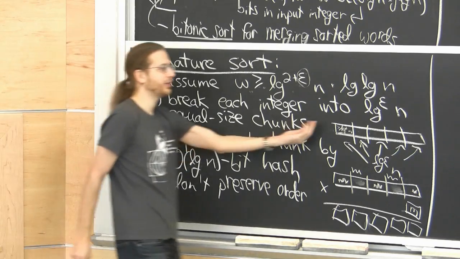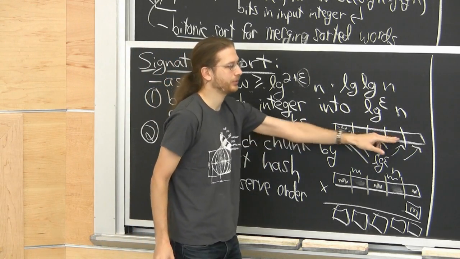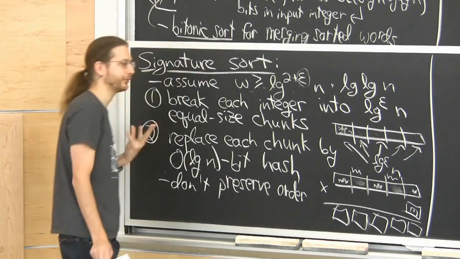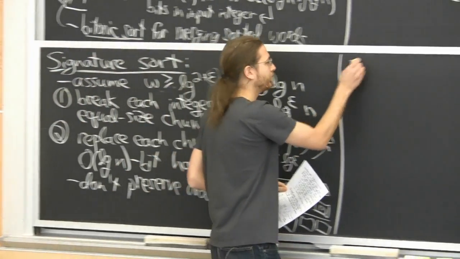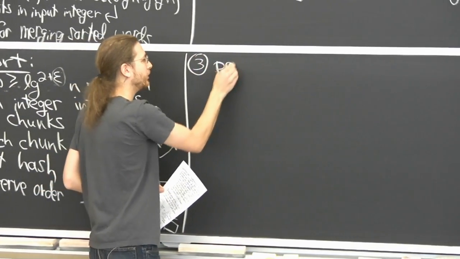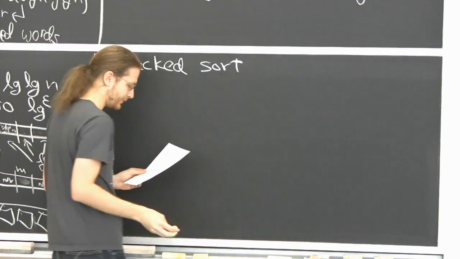Right, so each digit has been mangled. Each digit is out of order. But of course, the sequence of digits has been preserved in some sense. All right, so what? Well, at this point, we can use pack sorting to sort what remains.